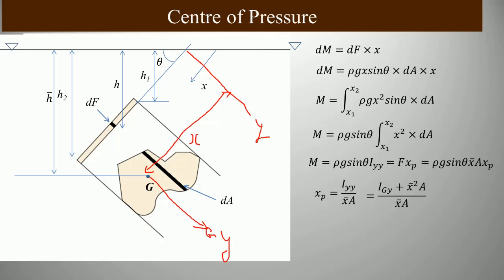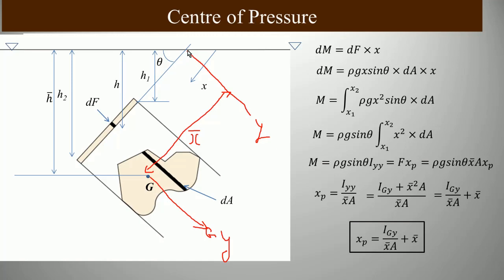So x bar square into A, and here we have x bar into A. So here we can write this as Igy divided by x bar A, plus x bar. This is the distance of the center of pressure from the free surface of water.